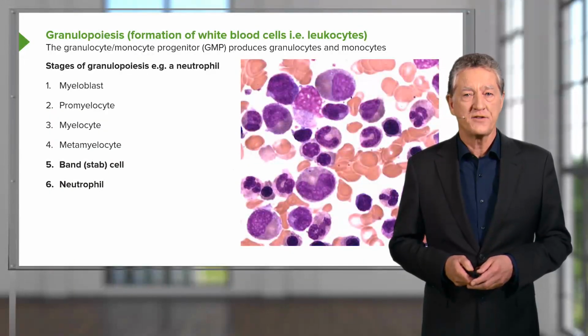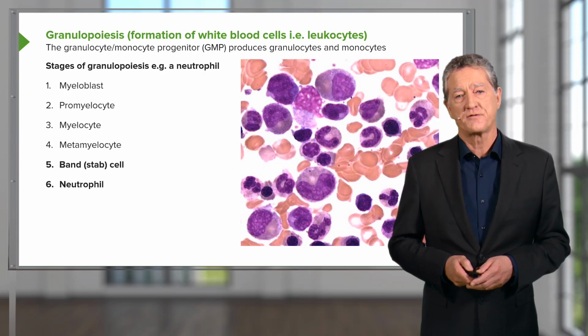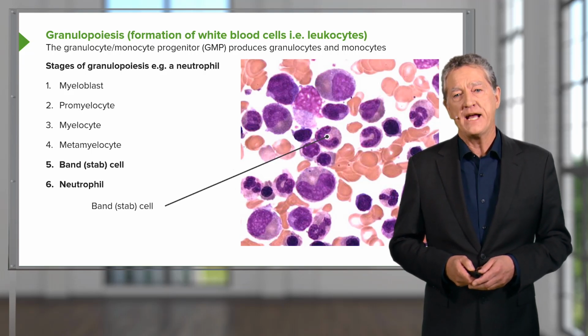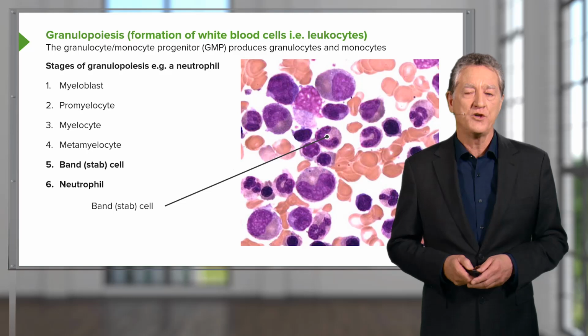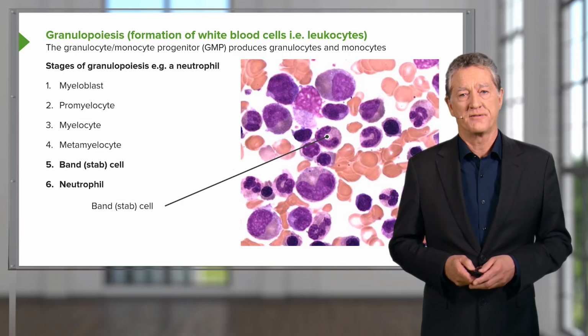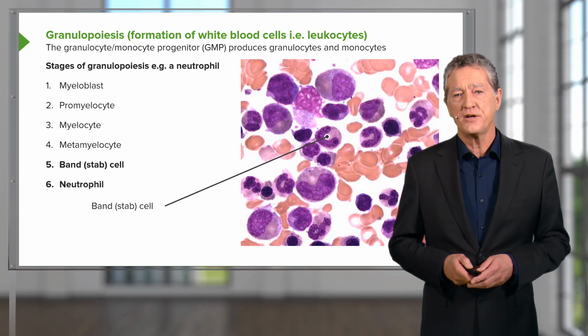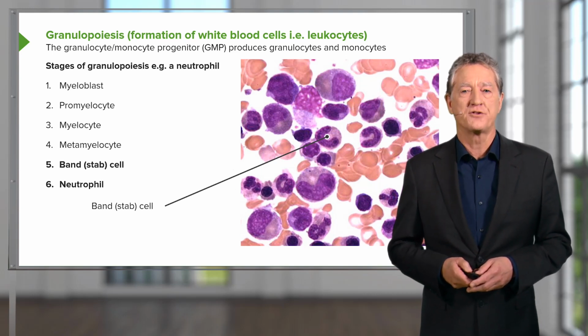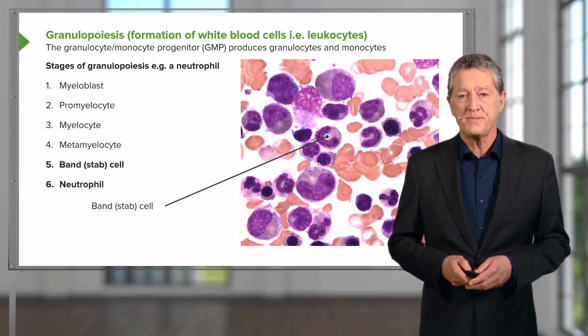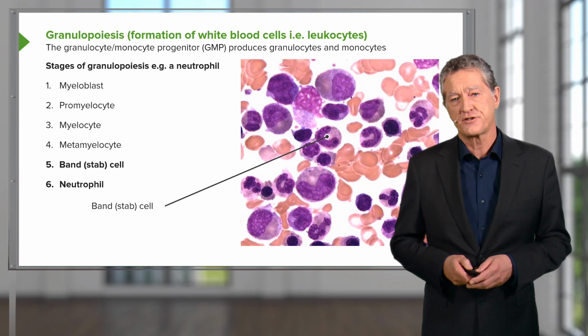Well, in the case of the neutrophil, that nucleus that was originally kidney-shaped or bean-shaped then develops further, and we call it a band or a stab cell. Have a look at the nucleus and you see that it's horseshoe-shaped or U-shaped. This is an indication that the cell nucleus is going through the stage where it's actually going to be the polymorphonuclear appearance that you see characteristic of the neutrophil. And at the same time that the nucleus is going through a differentiation process, two other things happen.